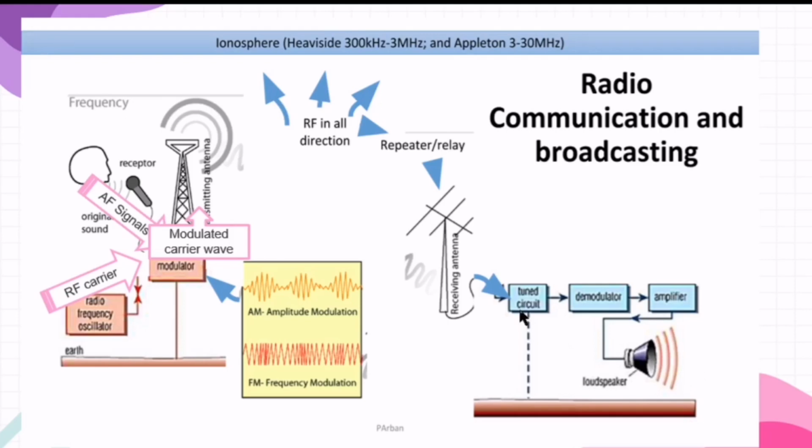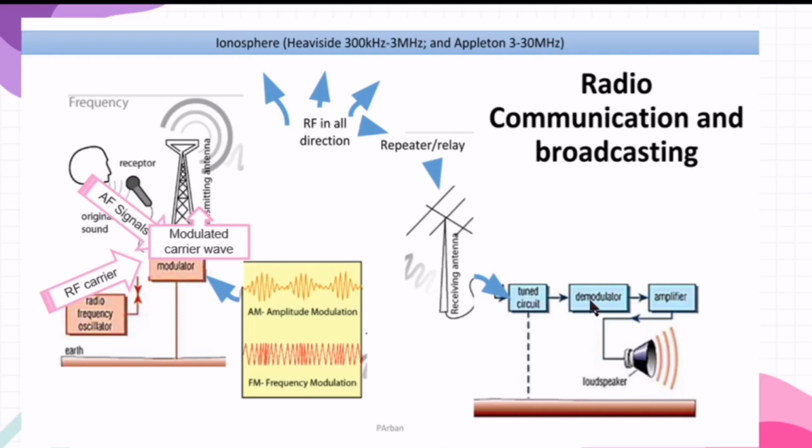Okay, so as you can see, or if you can notice, the process here, after the receiving antenna received or accepted the radio waves, it is the reverse process here.